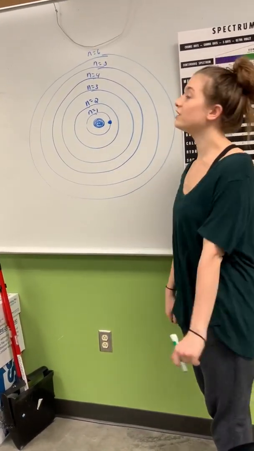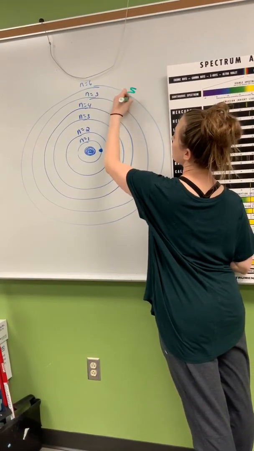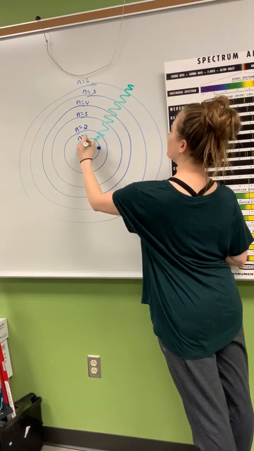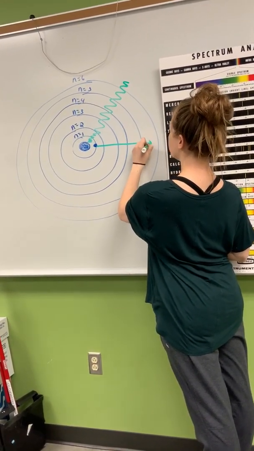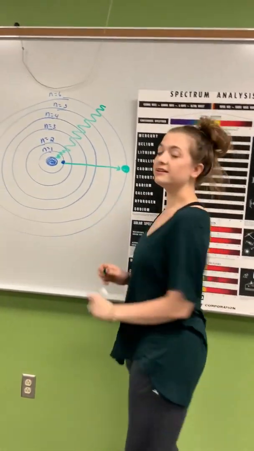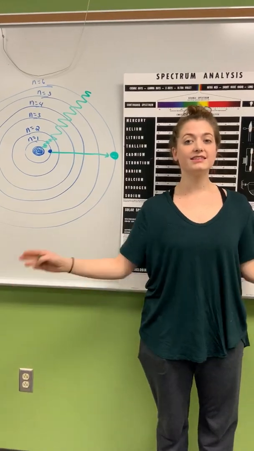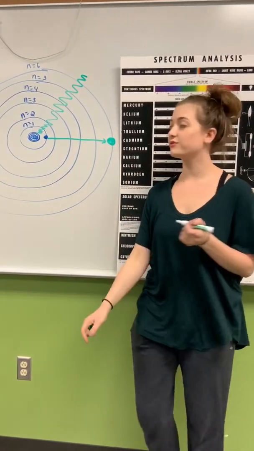Well, I'm going to come over here and take a photon of light energy, and it is just going to come along here and excite this electron up to a higher energy state. Now, this energy state is less stable, so this electron is going to want to go back down to its ground state.